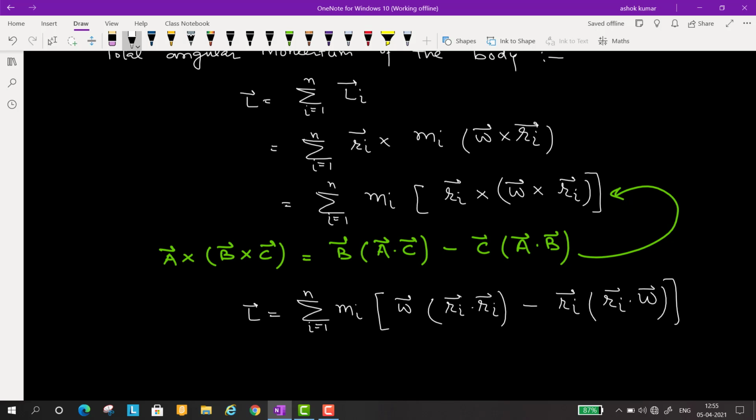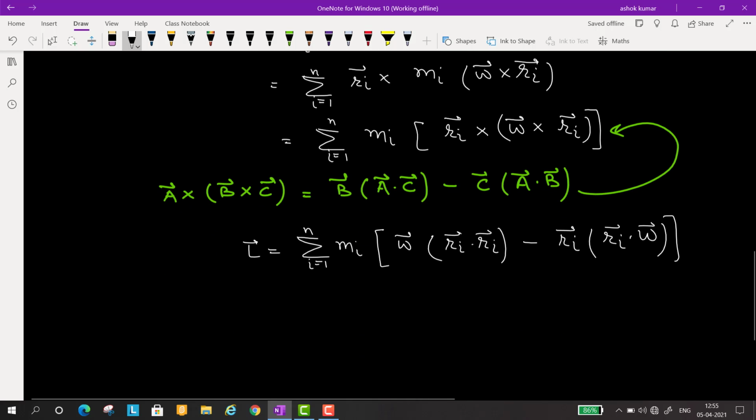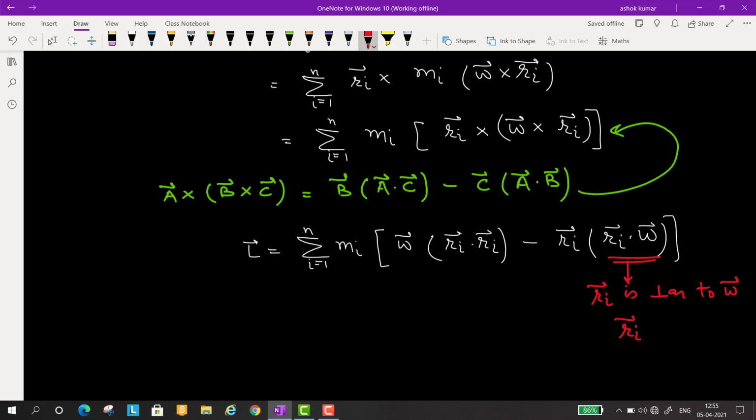Dot product is commutative. You can write here omega dot ri or ri dot omega. These both are one and the same thing. So if you look at the diagram, here ri is in xy plane and omega is along z. So as ri is perpendicular to omega vector, their dot product will be 0. So it will be ri omega cos 90 degree.